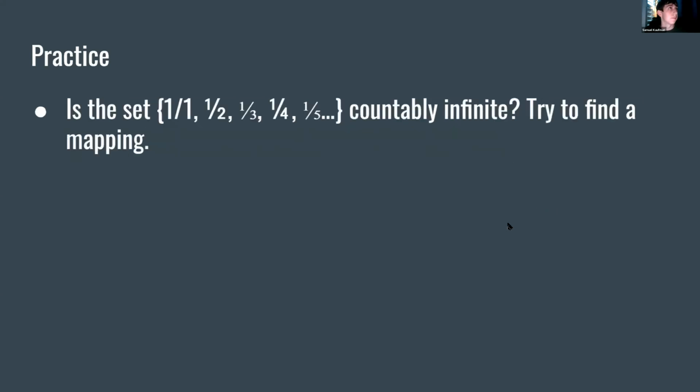All right. How about this question? Is the set 1 over 1, 1 over 2, 1 over 3, 1 over 4, 1 over 5, and so on, countably infinite? Try to find a mapping to show. What do you mean by countably infinite? So all the infinite sets we've looked at so far are countably infinite.